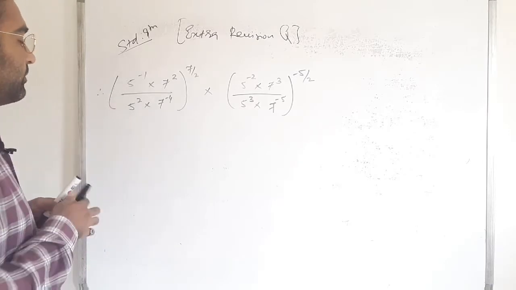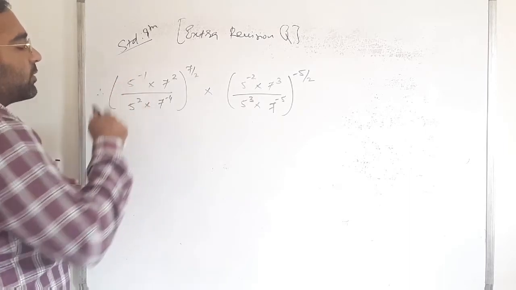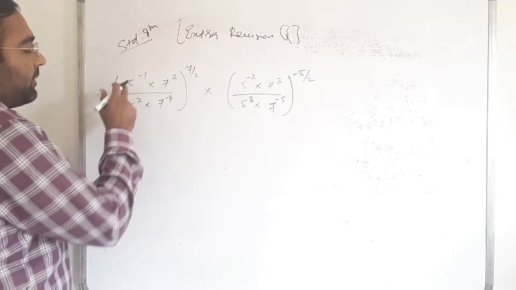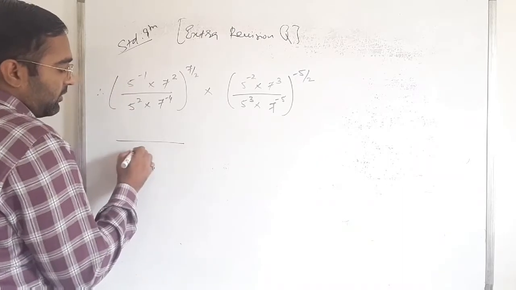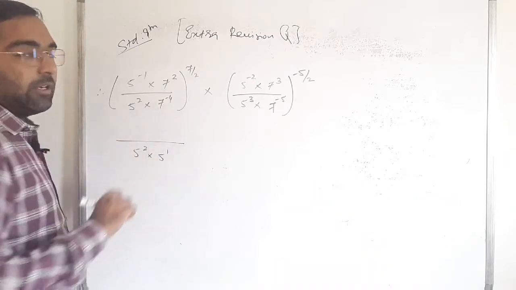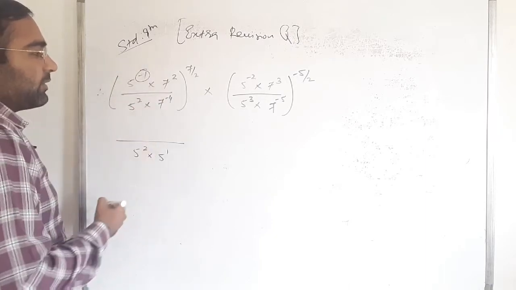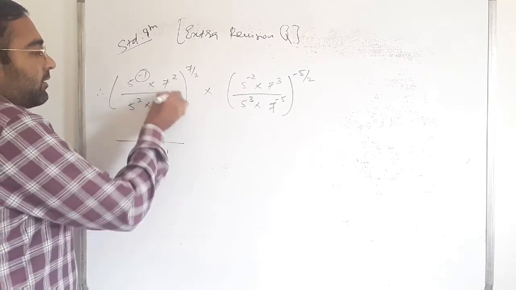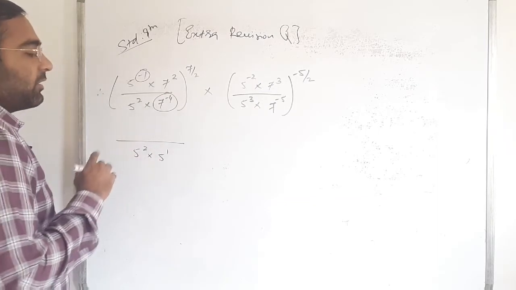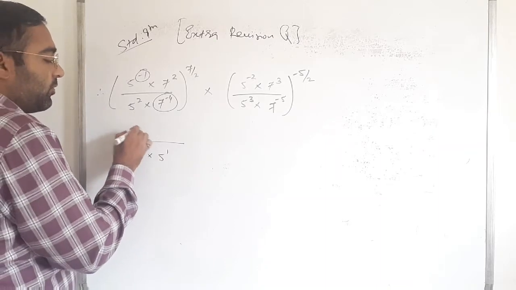Here you see that 5 raised to minus 1 is given in the numerator, so it will be changed and it comes down into the denominator, because I'll take the negative power as a positive. And 7 raised to minus 4 is negative and it's in the denominator, so I'll convert that into a positive power and shift it to the numerator.